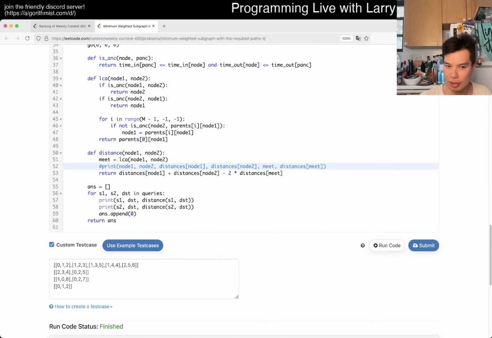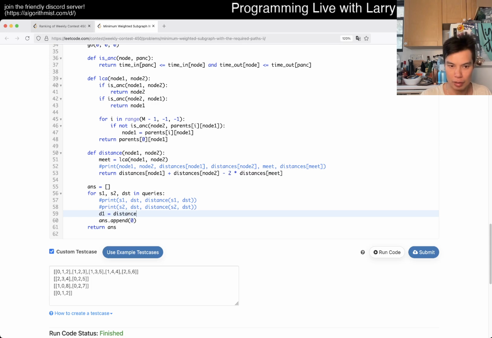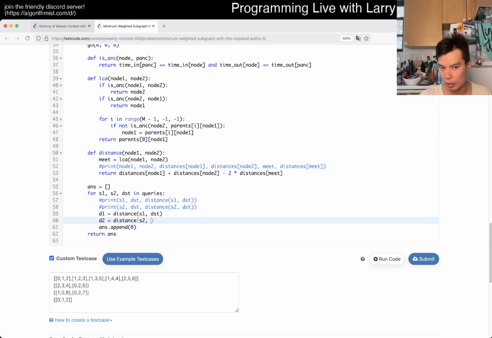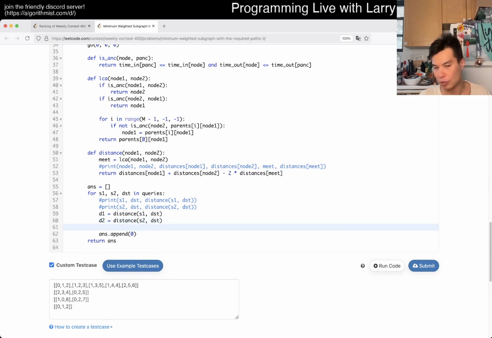Okay, so now I feel like this is right. And then now we have these two distances. D2 is equal to distance S2, right? And then if you sum up together, you would double count the overlap, and the overlap is just, it's not the LCA, though it is similar in idea.